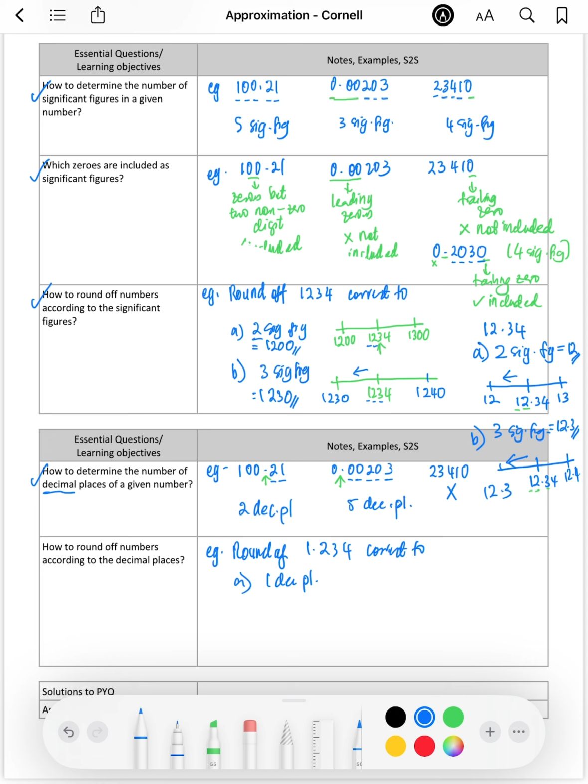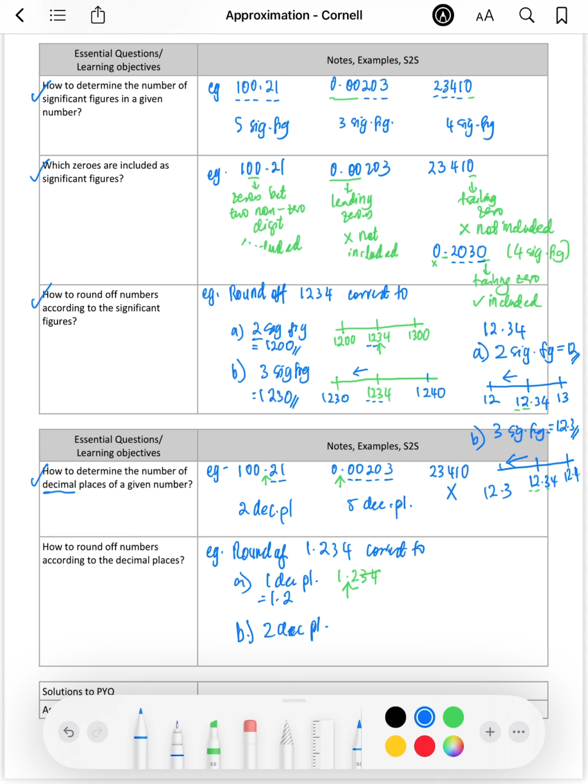That means you only include 1.234. You only include, so that's a decimal point, and that's the only number that you include. That means you don't need to include that one. So equals to 1.2. That's it.